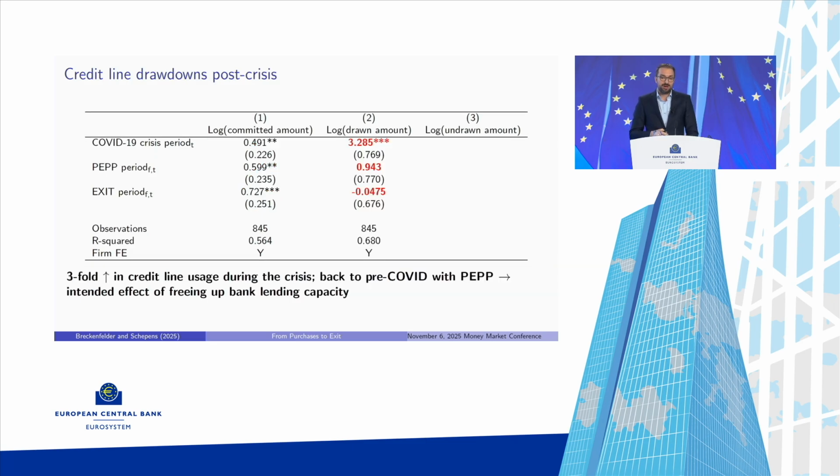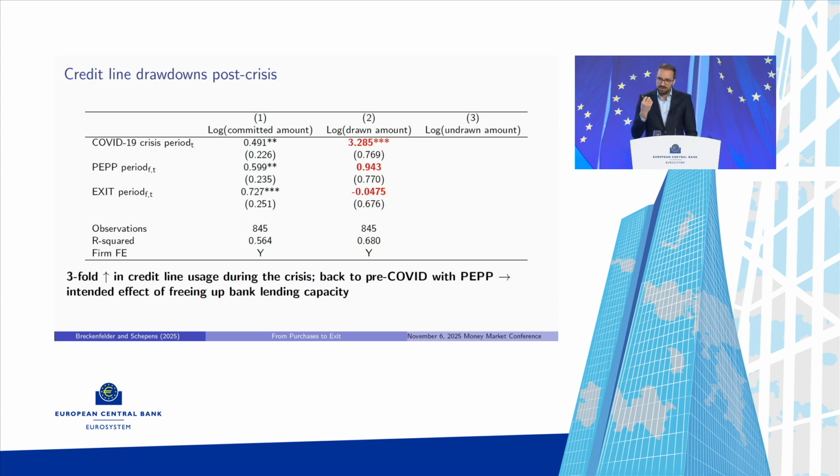What about the drawn amount? That is an interesting one because during the COVID crisis, firms were also trying to get liquidity, and they were tapping into the credit lines. In fact, a threefold increase in credit line usage during the crisis, and it immediately went back to pre-COVID levels once the PEPP started.